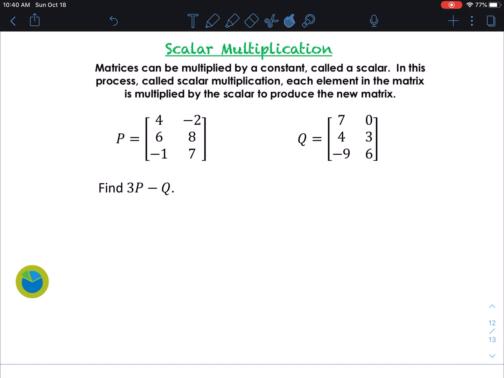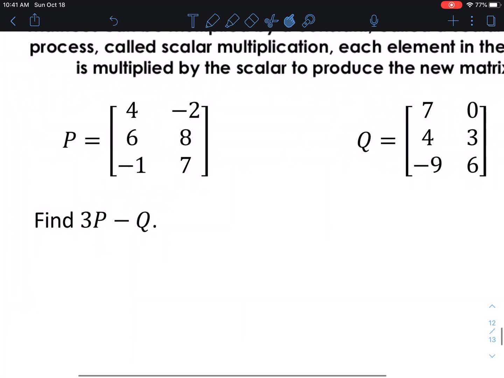This is called a scalar. And when you do this, each element in the matrix is multiplied by that scalar to produce a new matrix. So I have a couple of matrices here, and it says find 3p minus q. Okay, scalar multiplication, pretty easy.